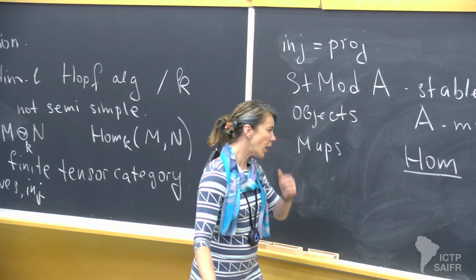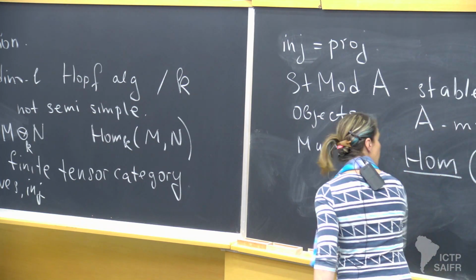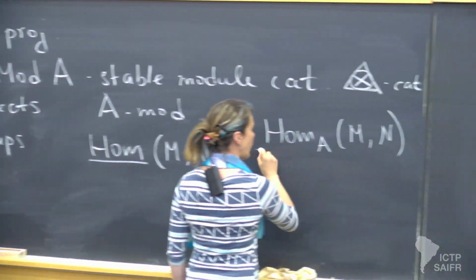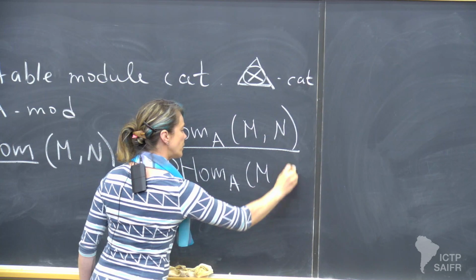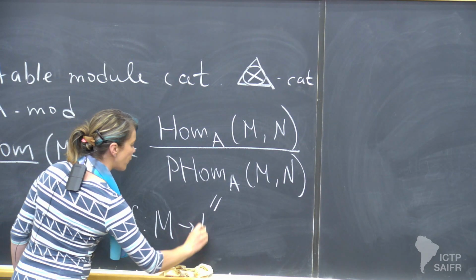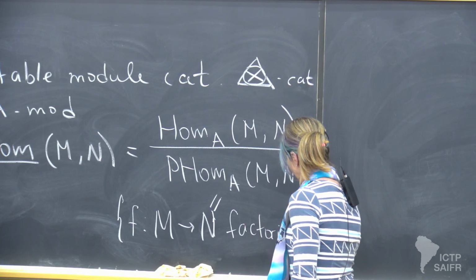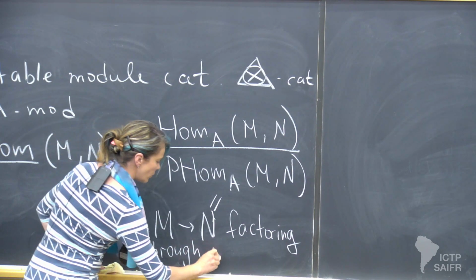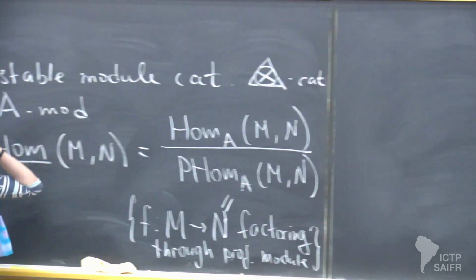I'll denote them the underlined Hom between M and N. We take the Hom in the category of A modules, and we factor out the subspace where these are all maps f from M to N which factor through a projective module. Or, again, because projectives are injectives, they also factor through an injective module.